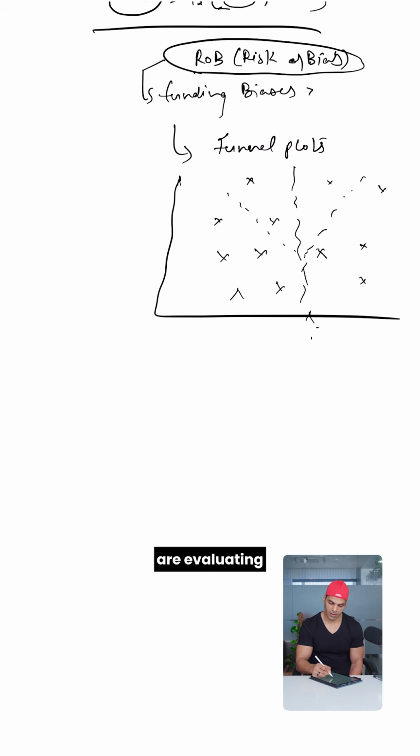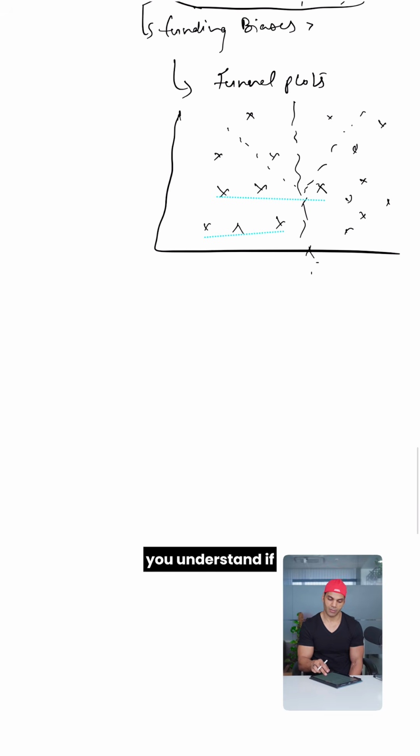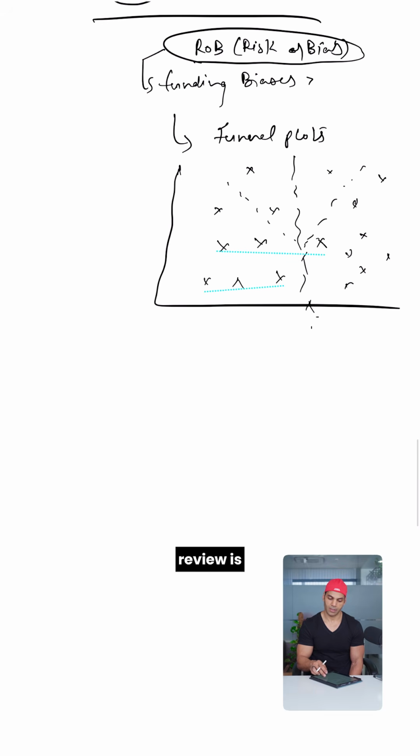Whenever you are evaluating a systematic review, you have to check for funnel plots, and this will help you understand if the systematic review is considering all studies, good and bad, and it's not cherry picking. If it is cherry picking, your funnel plot will have more values on the positive side and fewer values on the negative side. In this case, the funnel plot would look unbalanced, and the risk of bias will go up.